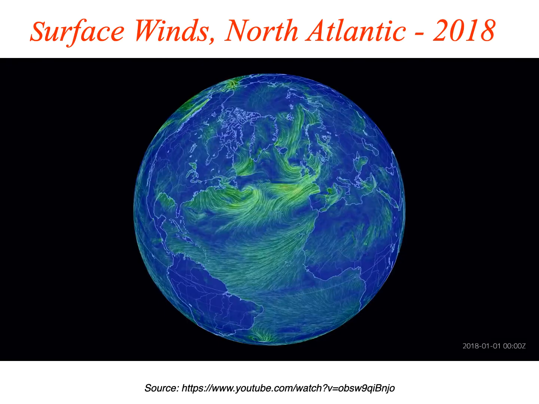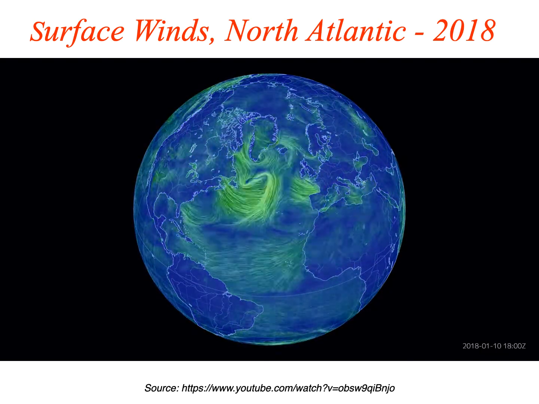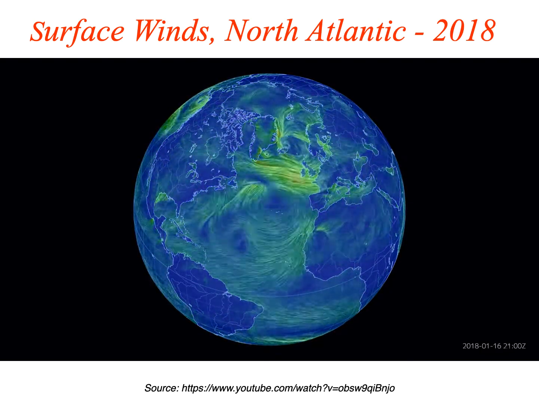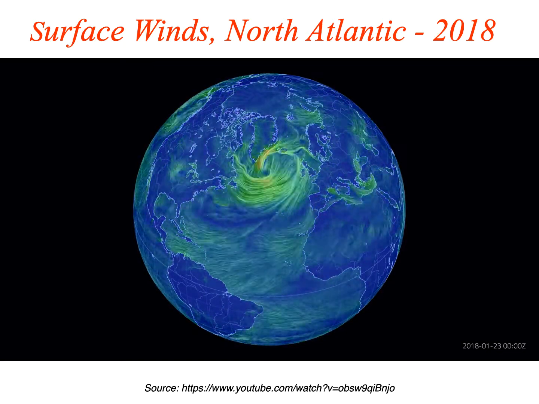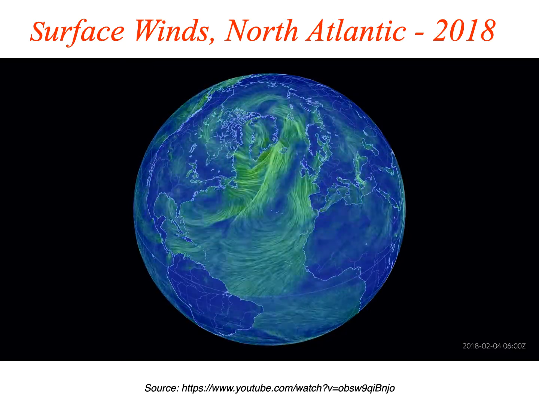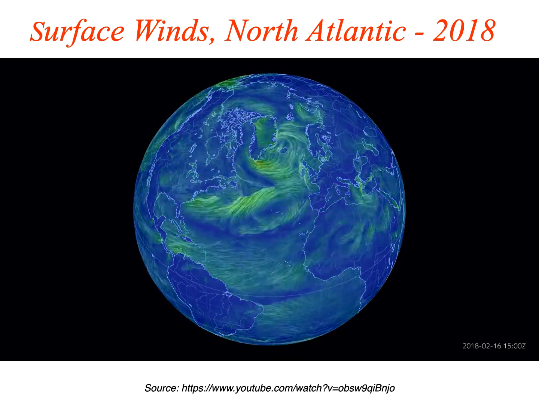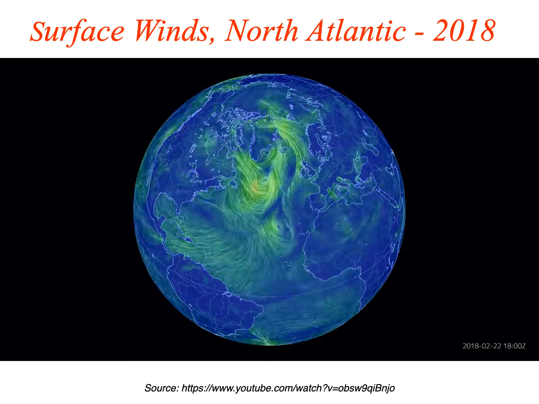Here's another animation. You can see the surface winds over the North Atlantic in 2018. And once again, what I think is neat here, I know it's moving quickly, but you can see the number of mid-latitude cyclones being spawned off of the area around Greenland and moving into Europe.